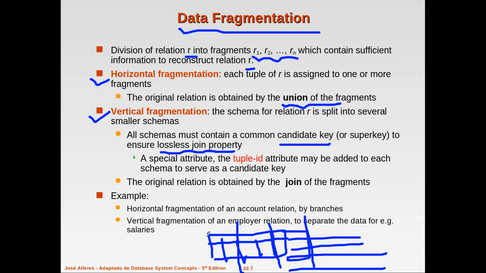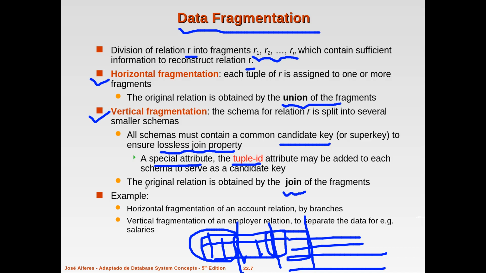So we need to maintain an additional key field with every fragment generated from this particular relation. We use a special attribute called tuple ID. With every fragment we add an additional field called tuple ID, so that by using that attribute we can join the fragments.